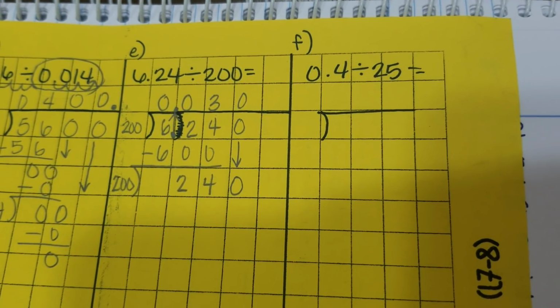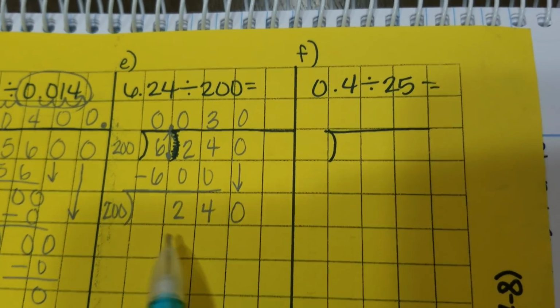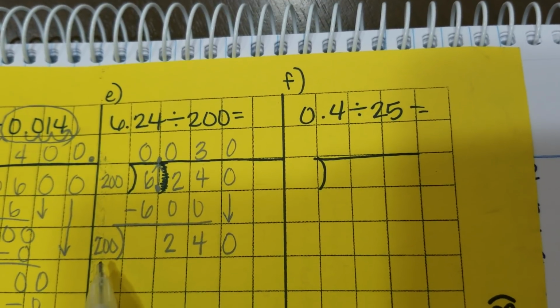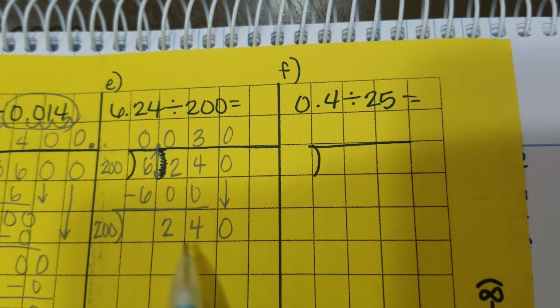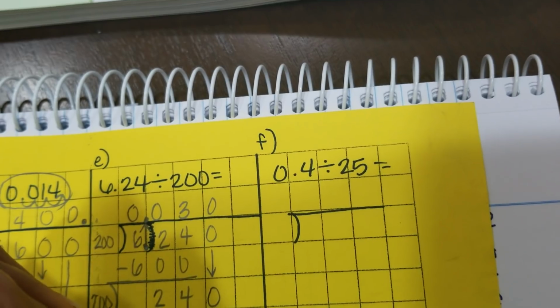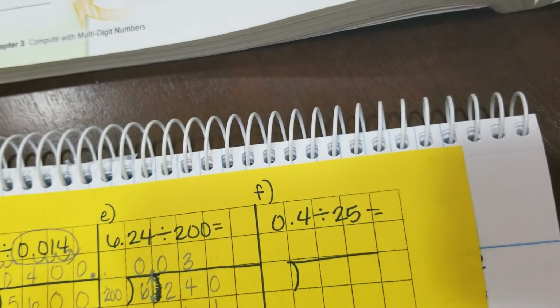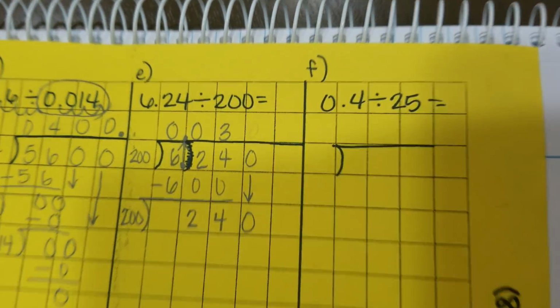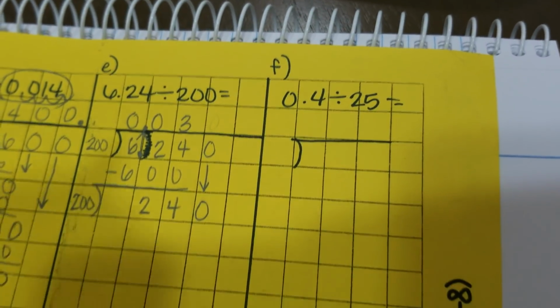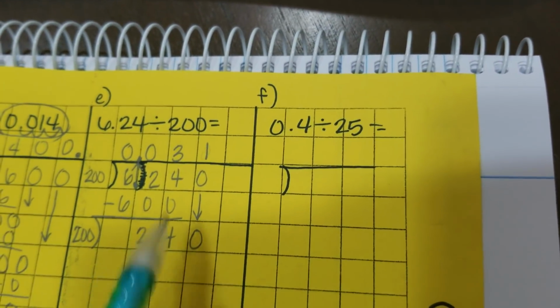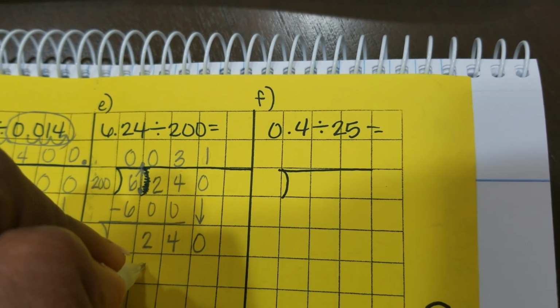So now we can do how many times does 200 go into 240? We'll add the 0 and bring it down. We don't need the 0 at the top yet because we had to bring something down. Okay. How many times does 200 go into 240? 1 time. 1 times 200 is 200.